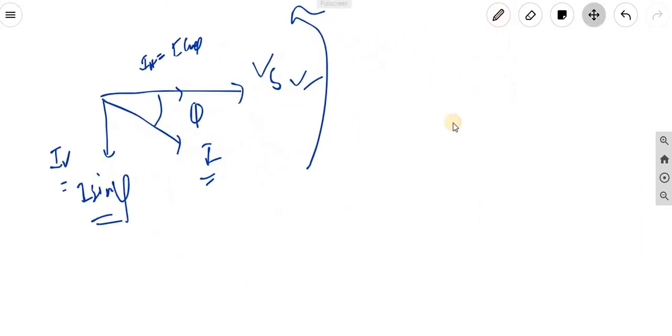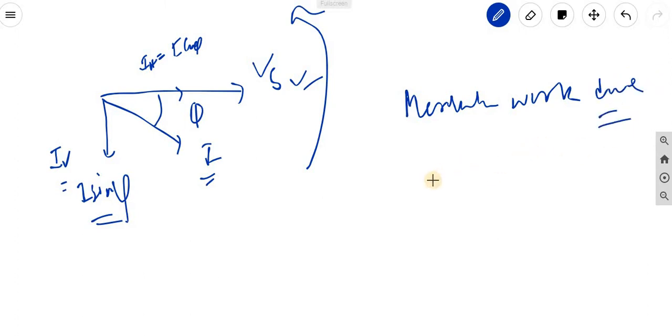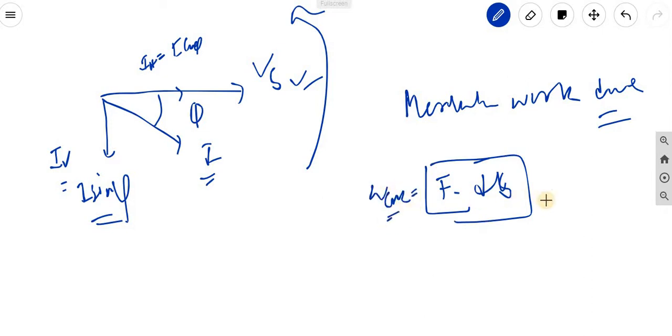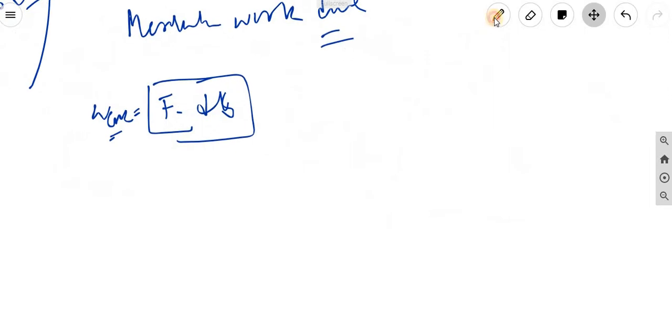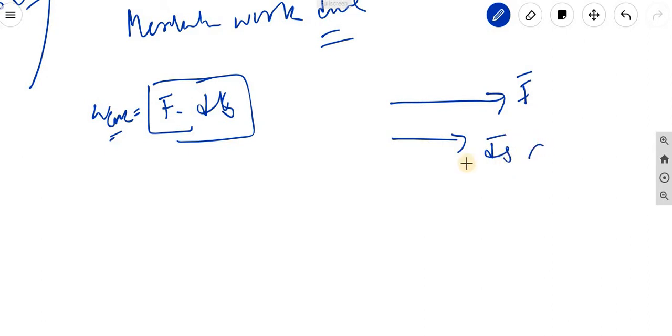Now the presentation is here. In the case of mechanical work done, the force and the displacement must be in the same direction, then only the work done is possible, otherwise not.